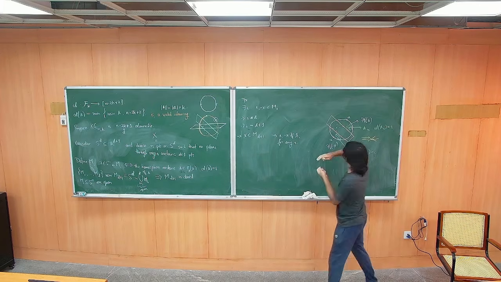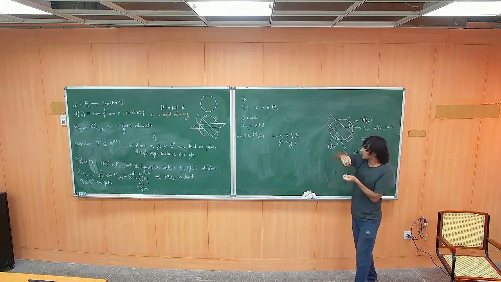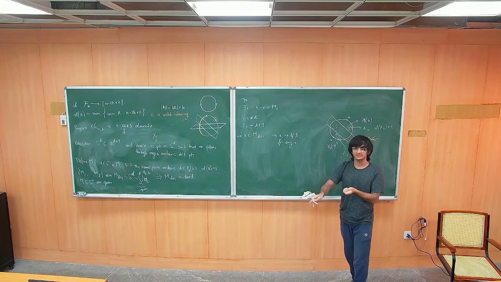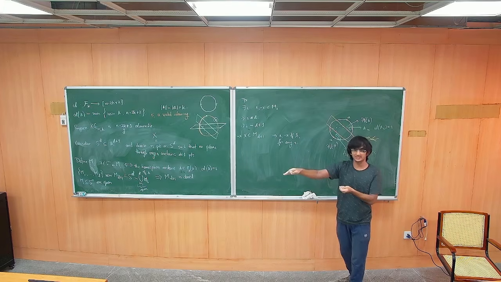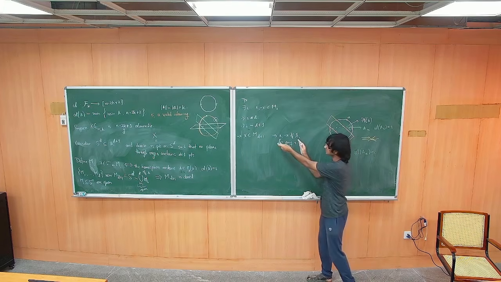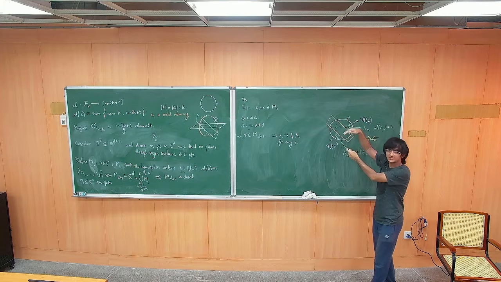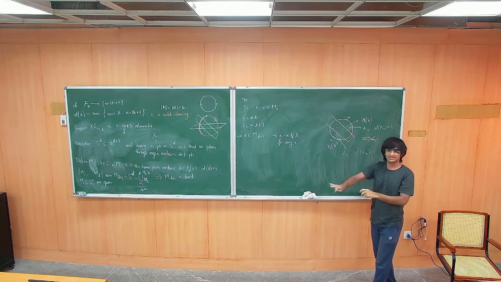So if the hemisphere containing x contains any k-size subset, then that k-size subset does have a color. It is assigned some color. So x will fall in some A_i. So this is telling you that the hemisphere containing x does not contain any k-size subset.